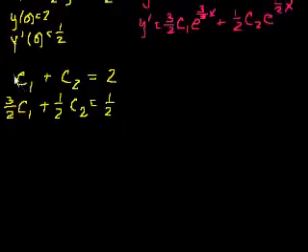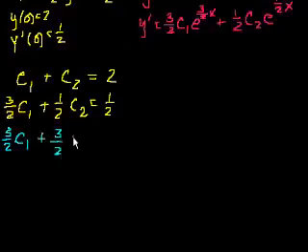Let's multiply the top equation by 3/2. And what do we get? We get 3/2 c1 plus 3/2 c2 is equal to, what's 3/2 times 2? It's equal to 3.